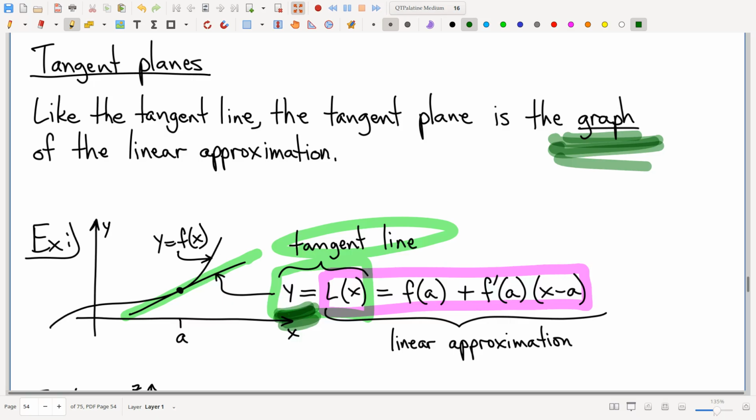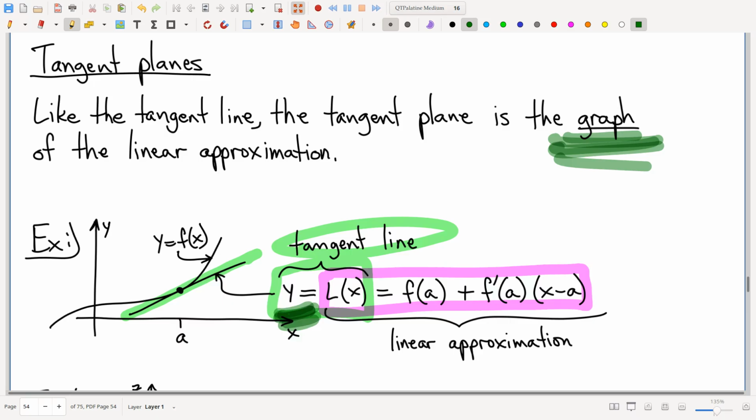And if you point to the linear approximation and say, hey, this is the equation of the tangent line, they'll let that slide. You can't, right? It's importantly different. So if the question on a homework or an exam asks for the linear approximation, don't give me the graph of the linear approximation, and vice versa.